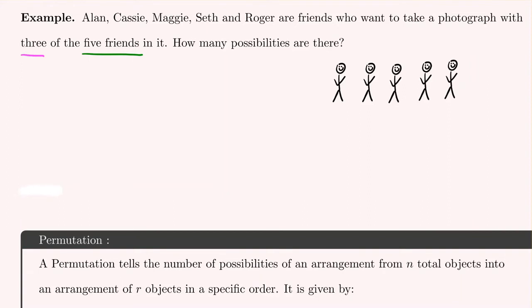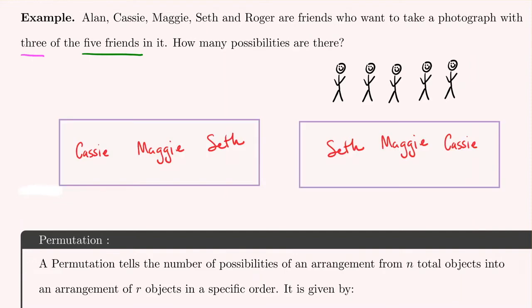Now, does it make sense that if I have a photograph with Seth, Cassie, and Maggie, if I have Cassie first, farthest to the left, then Maggie in the middle, and Seth farthest to the right, that would be a different photograph than if instead Seth was farthest to the left, Maggie stayed in the middle, but now Cassie was farthest to the right.